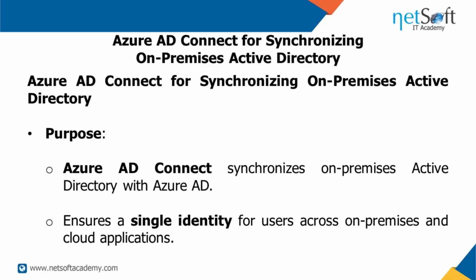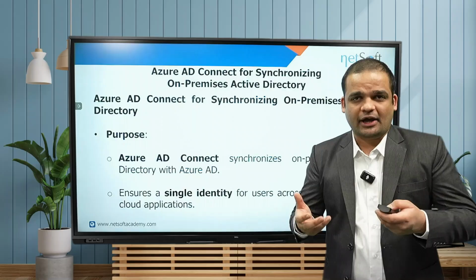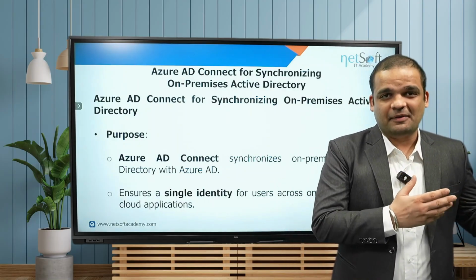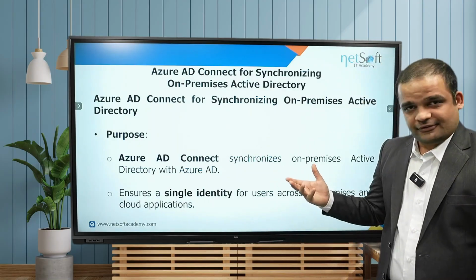Let's begin with Azure AD Connect. Now you will call it Azure Entra ID Connect. For synchronization of on-premise Active Directory usernames, their password hashes with Entra ID. Now, what is the purpose?